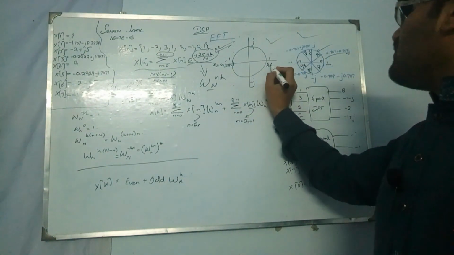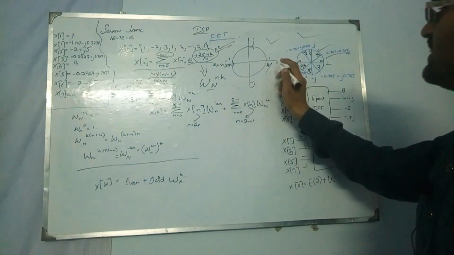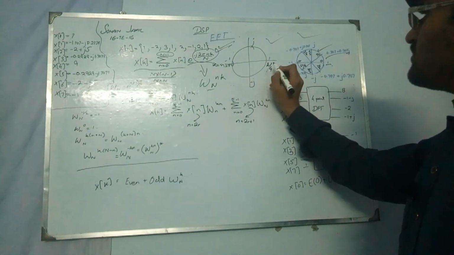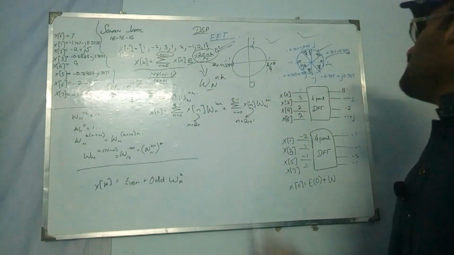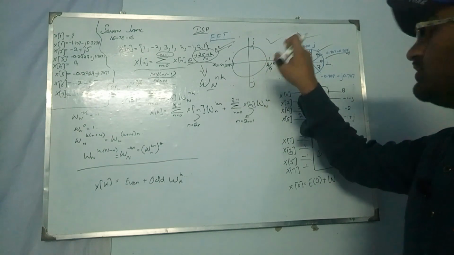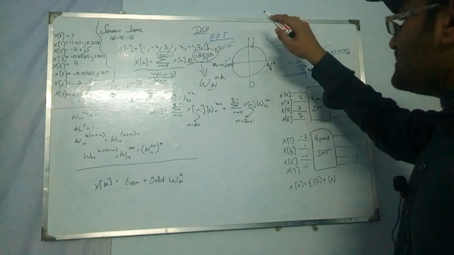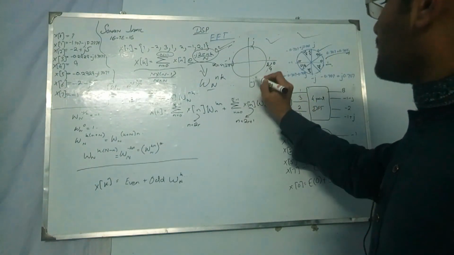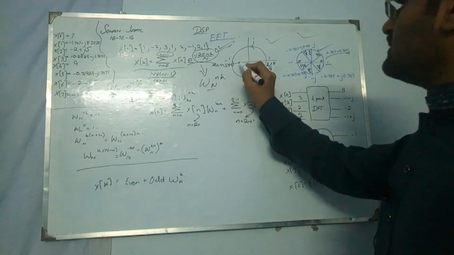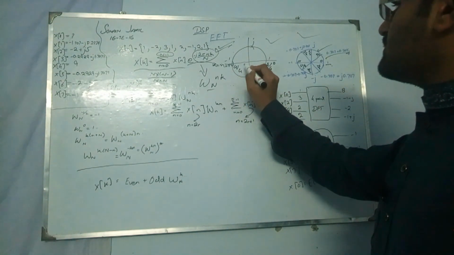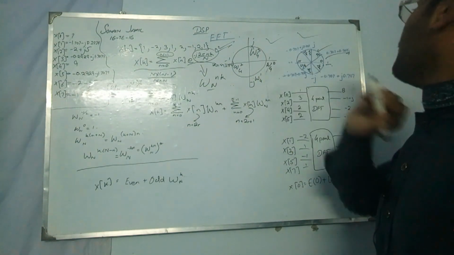So what is W of N? Here N is equal to 4, so just write 4 here. This is W 4 0, and then moving clockwise, this is W 4 1, this is W 4 2, and this is W 4 3.